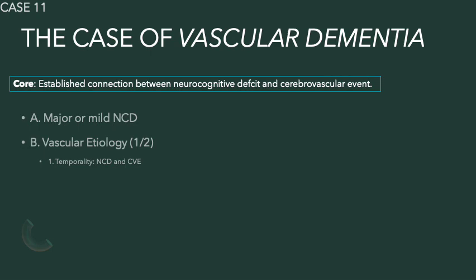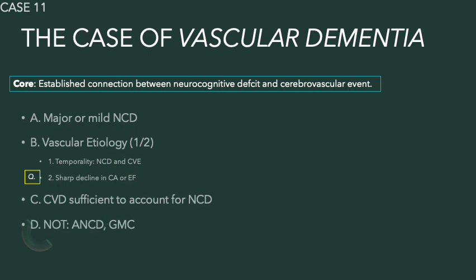The neurocognitive disorder follows the cerebrovascular event. And number two, sharp decline in complex attention or executive function. And the cerebrovascular disease is sufficient to account for the neurocognitive disorder. It is not due to another neurocognitive disorder or a general medical condition.